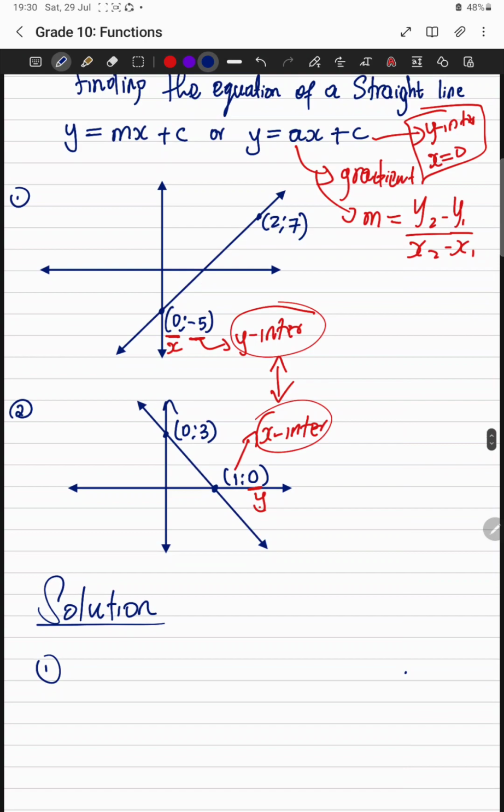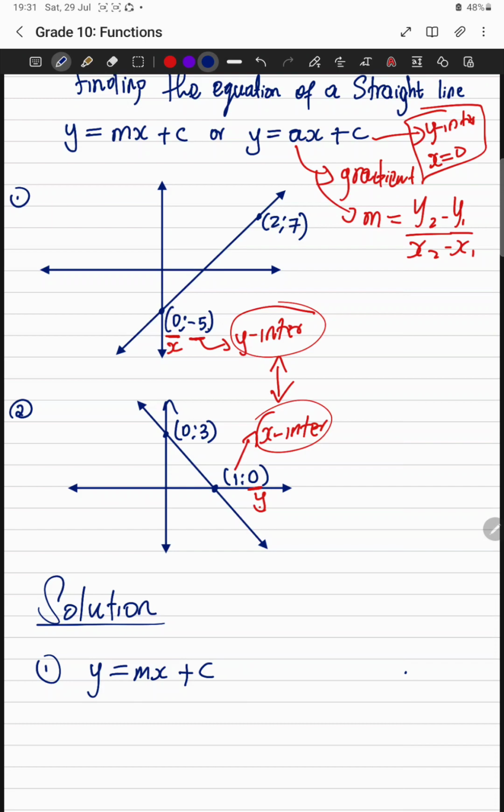So in the place of c in this equation, we can just write -5. Now let's find the gradient, the value of m in the equation. So you can say y is equal to mx plus c.